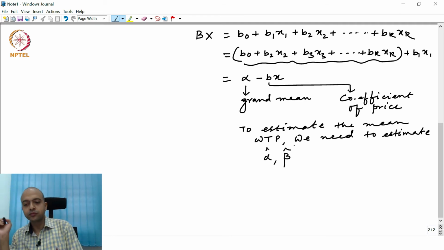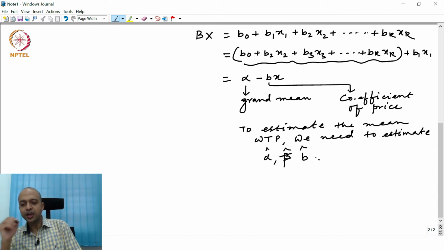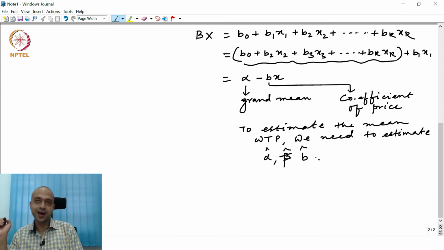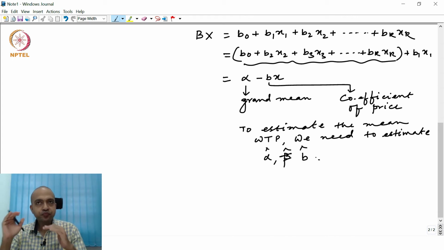Sorry, here it is not beta, rather b, I am telling b hat. You can call it beta also, that's not a problem, just a notational issue. So alpha hat and b hat, right? Beta hat.